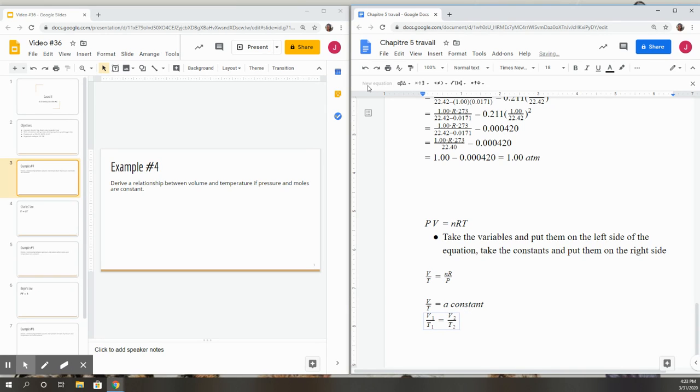And what that really means is that if I'm at constant number of moles and constant pressure, if I have say 500 milliliters at a certain temperature, without knowing the number of moles or without knowing the pressure, if I know the final temperature, I could figure out what the final volume is too. I only need this equation here. I don't need all of the other factors of PV equals nRT.